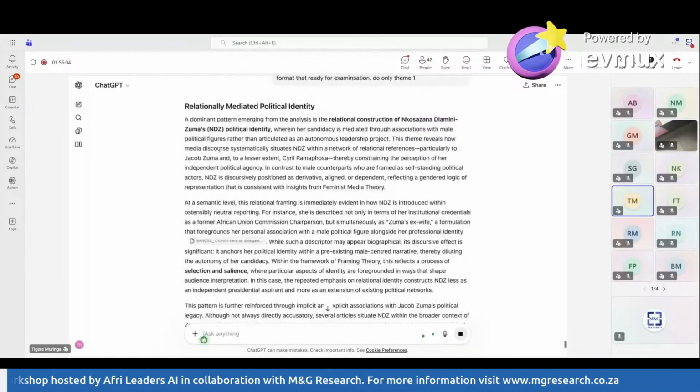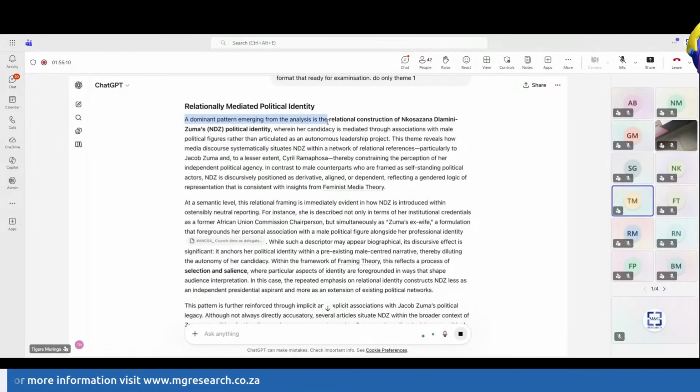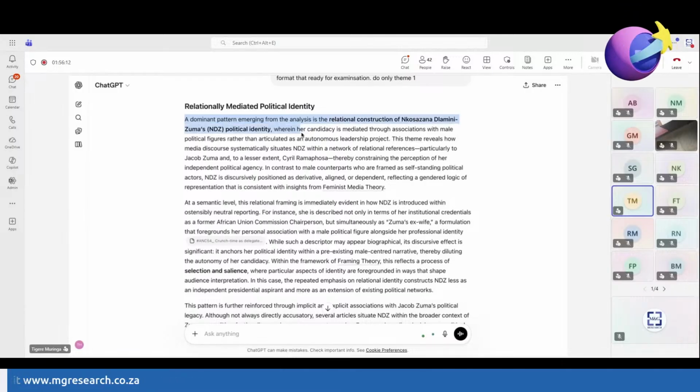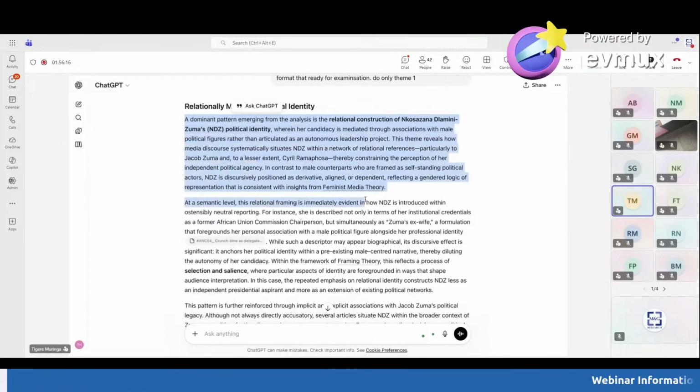So it says: relationally mediated political identity, a dominant pattern emerging from the analysis, the relational construction of NDZ's political identity, wherein her candidacy is mediated through association with male political figures rather than articulated as an autonomous leadership project.